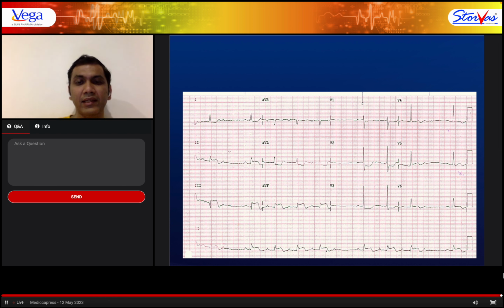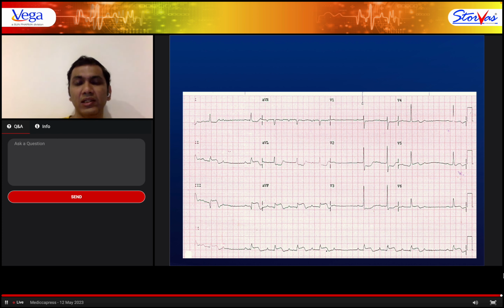Now, taking a look at it slightly more deeply, you can notice that the PR interval keeps on prolonging until the blocked beat, where the P wave is not conducted. Similarly, the PR interval after the blocked beat is the shortest PR interval of this particular sequence.